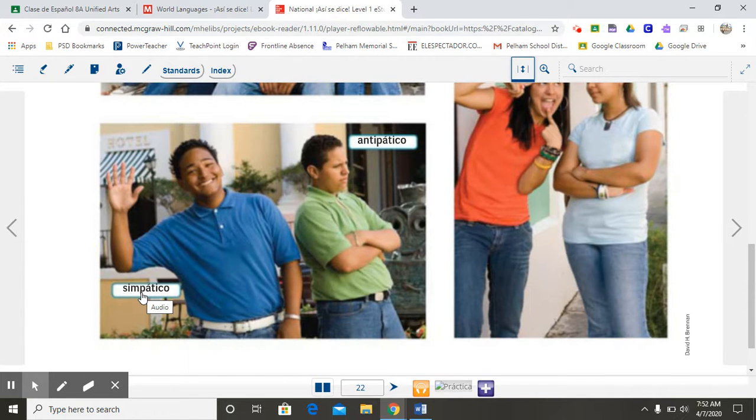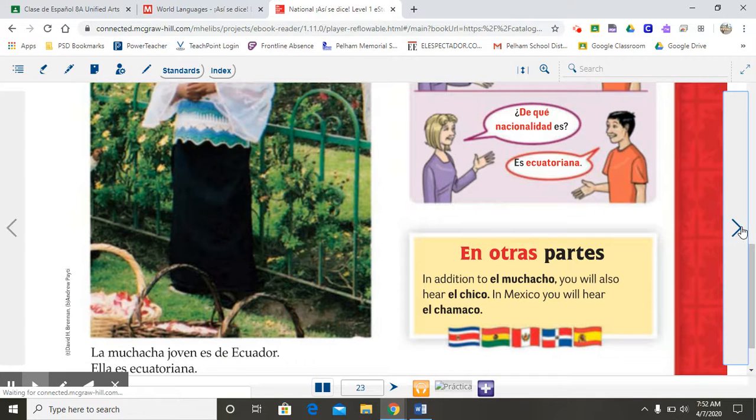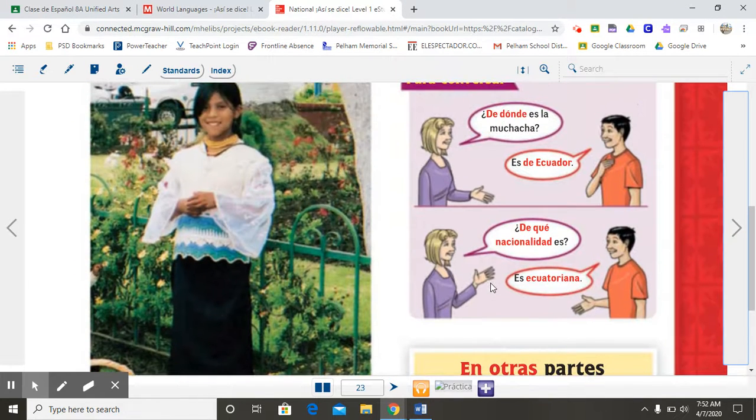Simpático, friendly. Antipático, unfriendly. Another version is simpático is kind, antipático unkind. And that was, I believe, the majority of the vocab for the first part. All right, let's keep going.